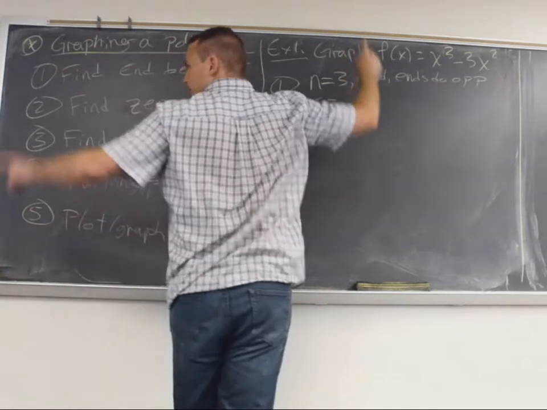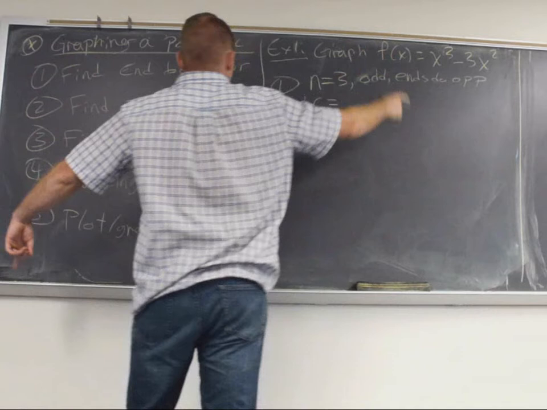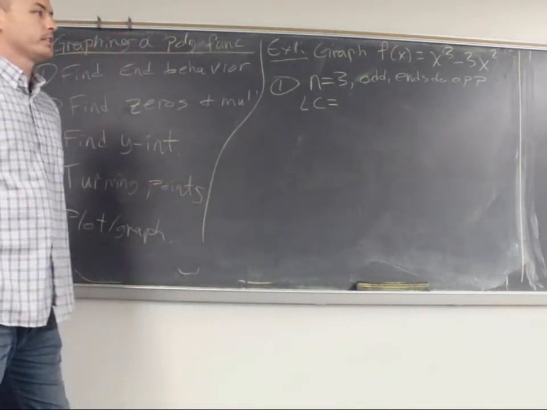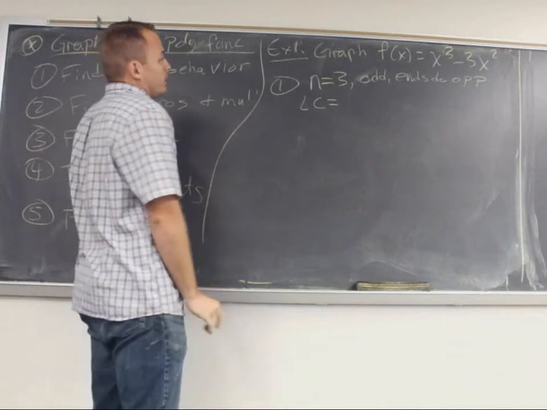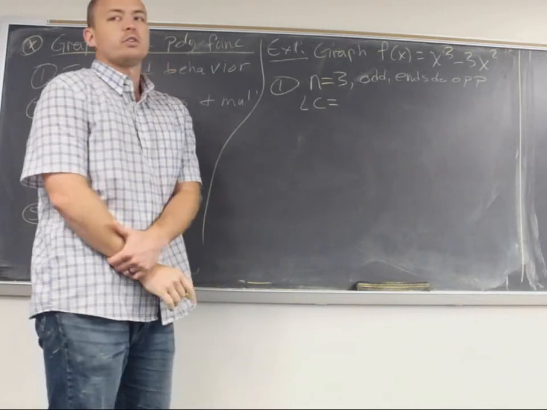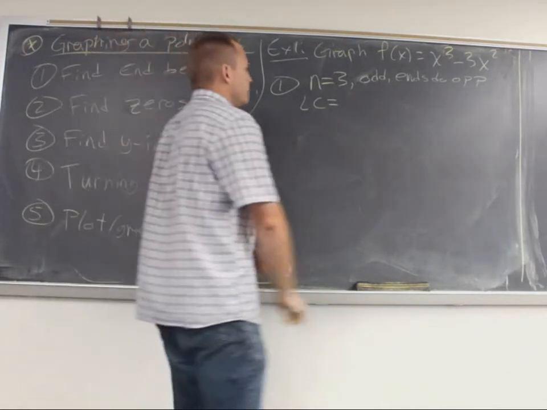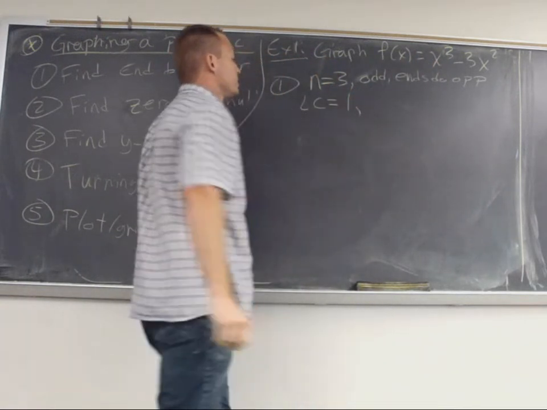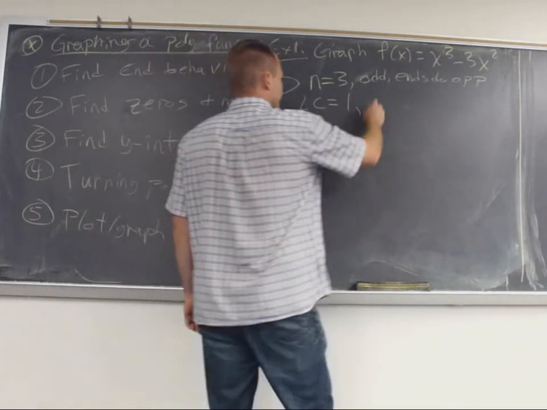Then we need to look at the LC. So we know they do opposite, like this. We just need to determine if it's an increasing or decreasing looking function. So the LC is the leading coefficient. It's the coefficient that's attached to the degree. So that's a 1. So LC is 1, which is positive.